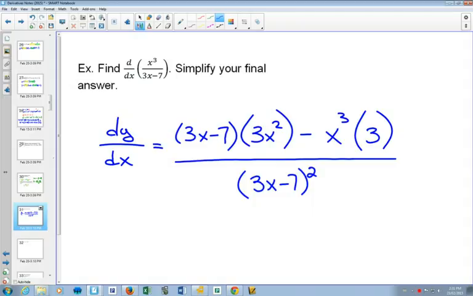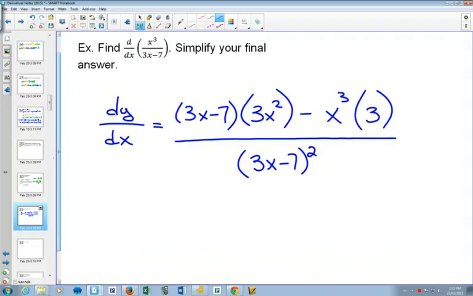Now, in cases where they ask you to simplify it, what they're looking for you to do is have everything as factored as you could. If there's something in common, you'll factor it out. If you have to expand, you may need to expand a few things. But first of all, the first thing we're going to look at in the top part of this fraction, is there anything in these two terms in common?